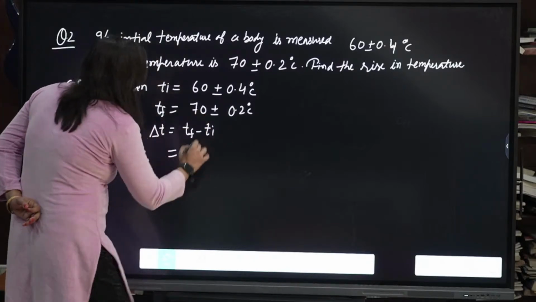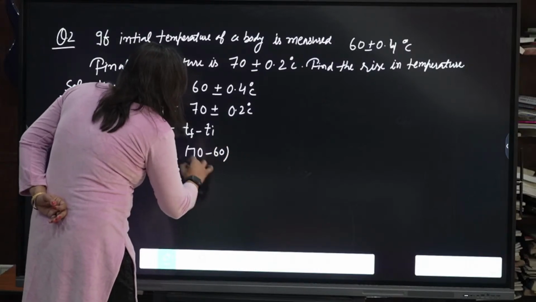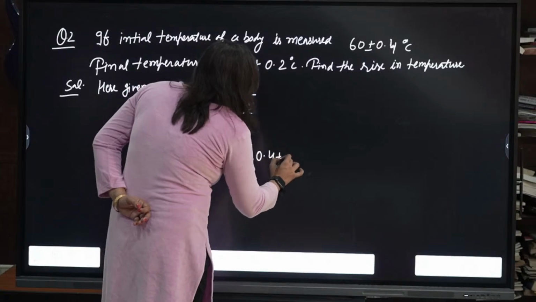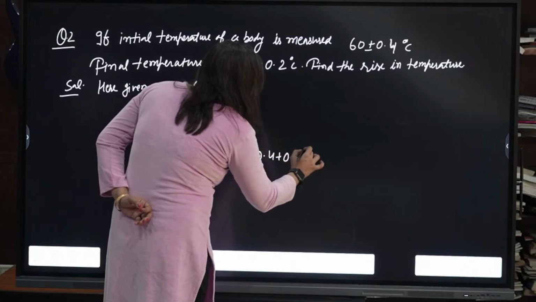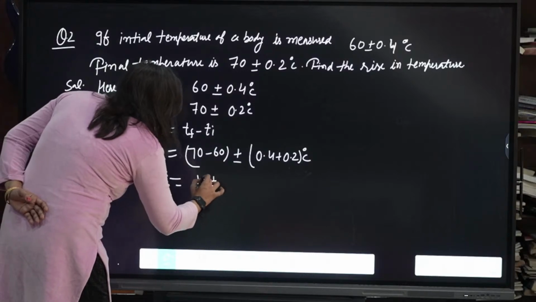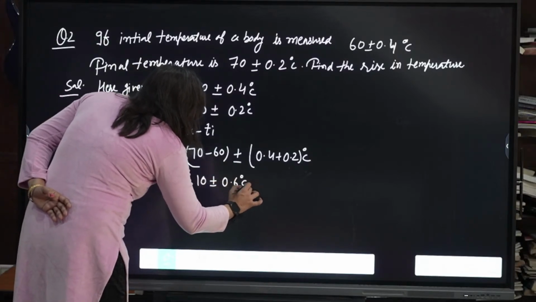Then we know according to the rule 70 minus 60, but errors are always added. Then here 10 plus minus 0.6 degree Celsius.